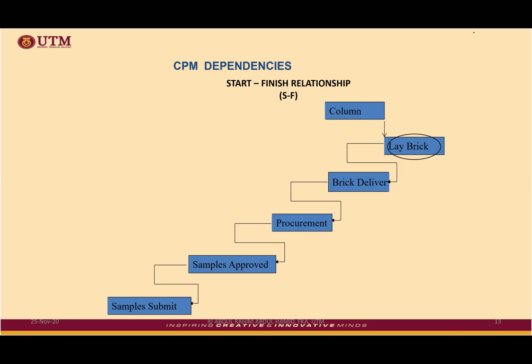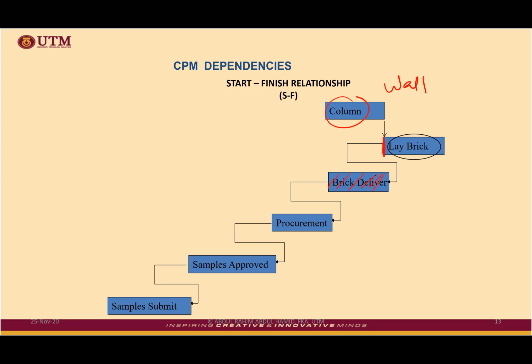Example, lay brick. Okay. This is again the reverse. If you want to lay brick, let's say you want to construct a column or a brick wall, for instance, when you want to start laying brick, the previous activity must be completed. What could be the previous activity?